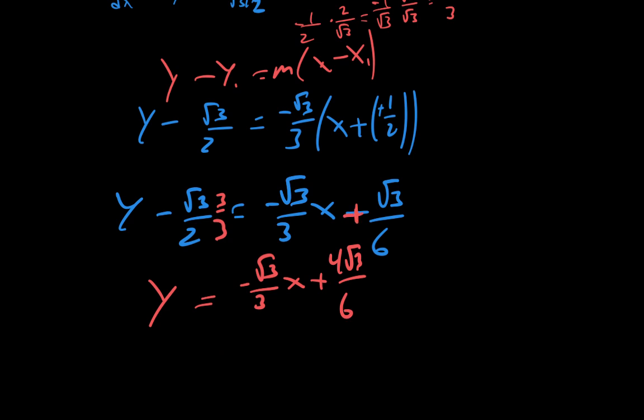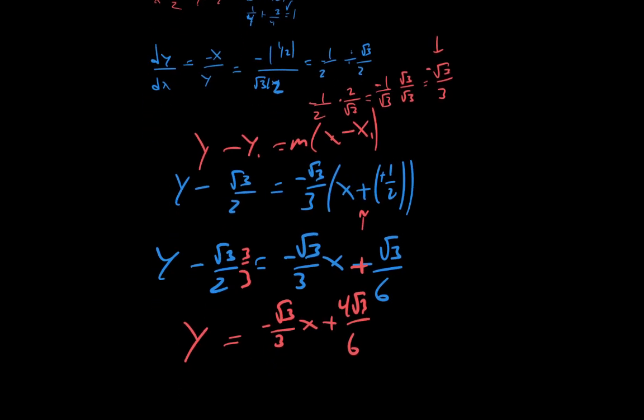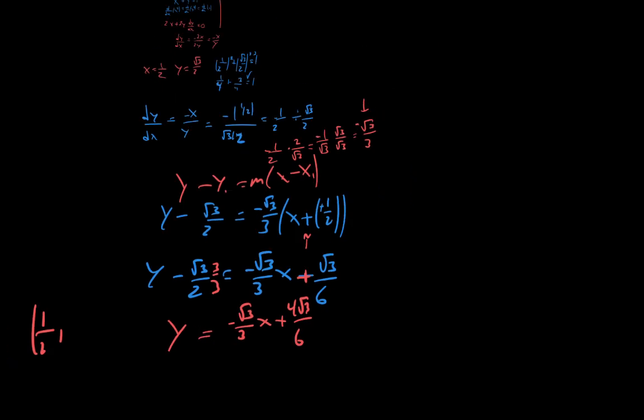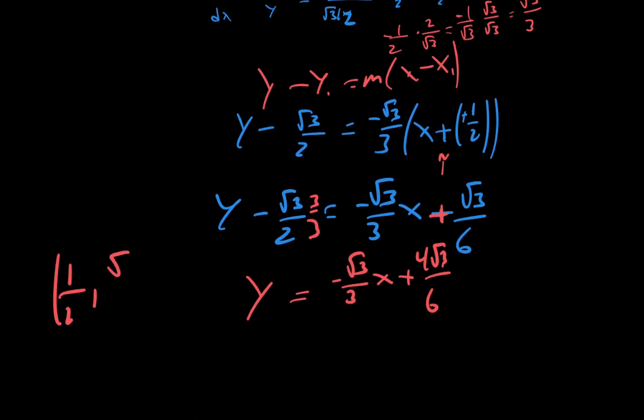And that's the slope at that point, 1/2, root 3 over 2. And that's the equation of the line through this point and tangent to the circle.